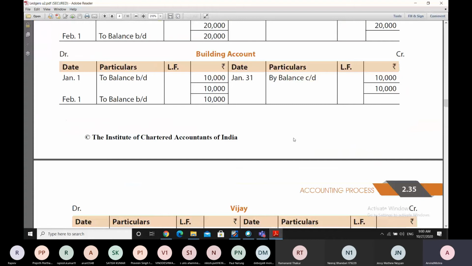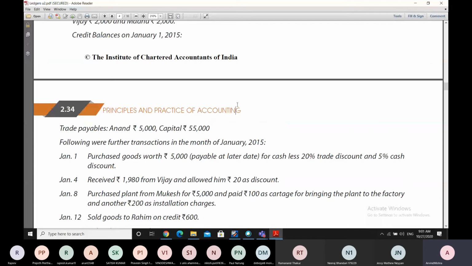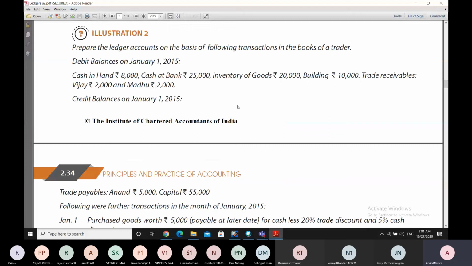Now, on January 15, Rahim became insolvent and could pay only 50 paise in a rupee. Now, we had sold goods to this guy Rahim for 600 rupees. Let's see, was there any balance in Rahim's account in the beginning?